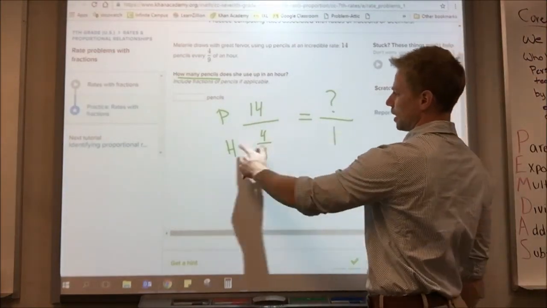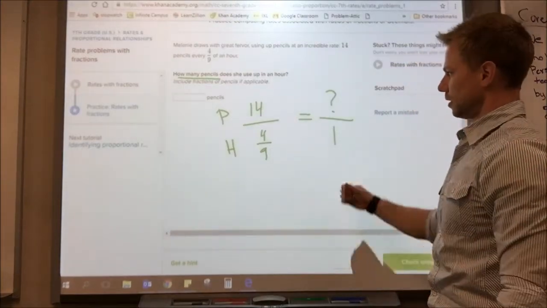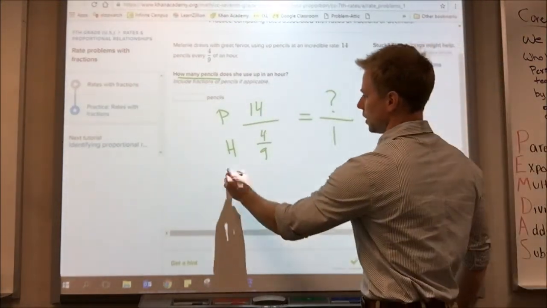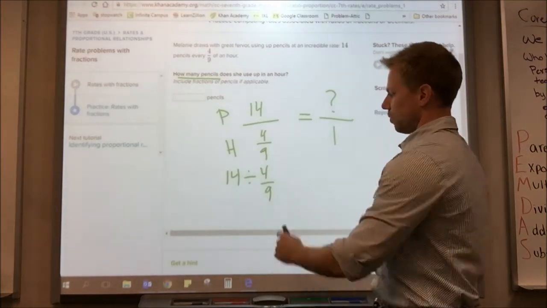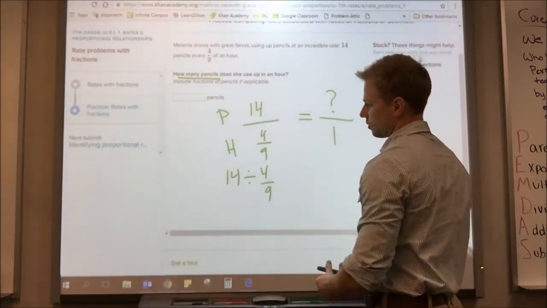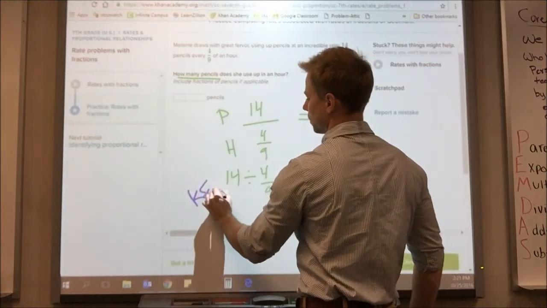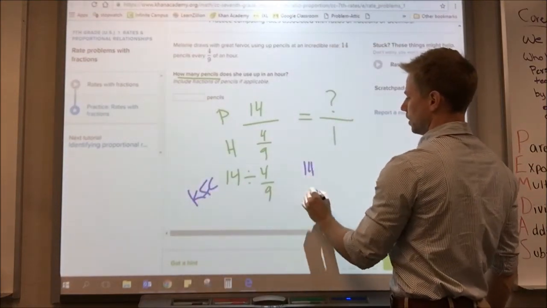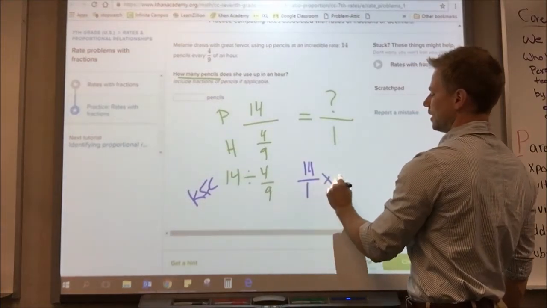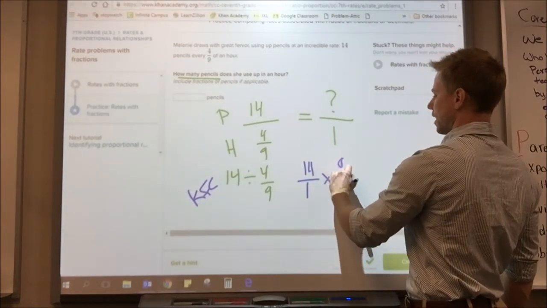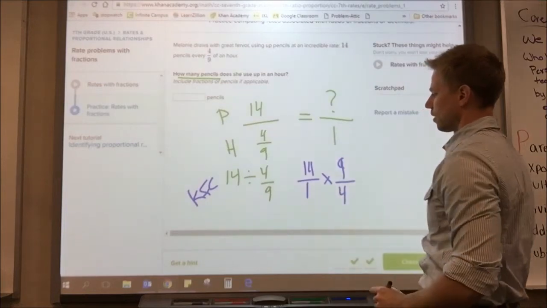So 1 goes in the bottom where the hours are. Now we just divide 14 divided by 4/9. But again, we don't divide fractions. So this is where we KFC 14 and we put it over 1 because there's no denominator, there's really a 1 times 9 over 4.